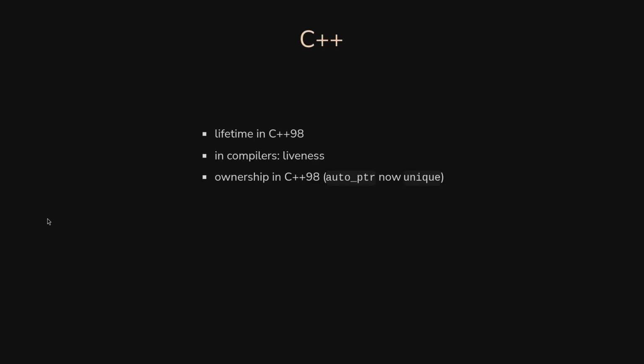This is just a very quick slide about C++. I'm not a C++ expert, but I want to emphasize that it's not only academic or semi-academic ideas, like the ones that came from Clean and so on. Ownership is also found as early as 98 in the C++ standard. So they came up with similar ideas.